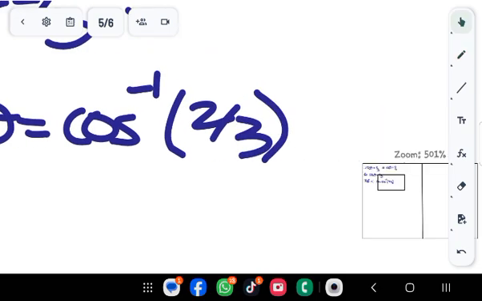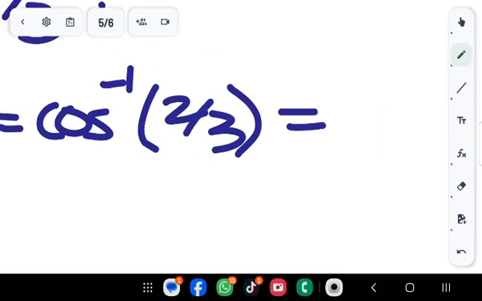Take out your calculator and it will give us the reference angle. You go shift cos, common fraction button, 2, downward arrow 3, right arrow, close bracket, equals.